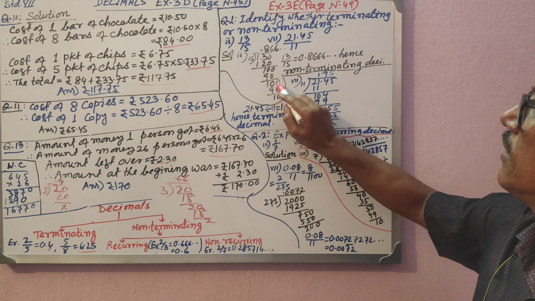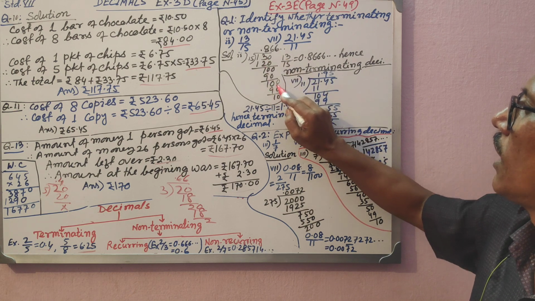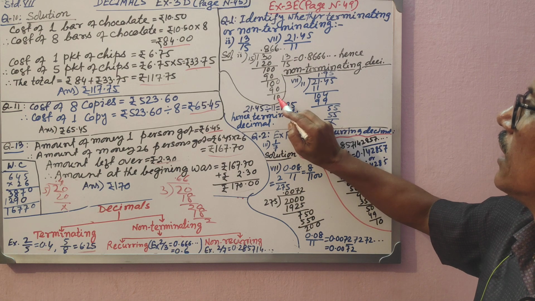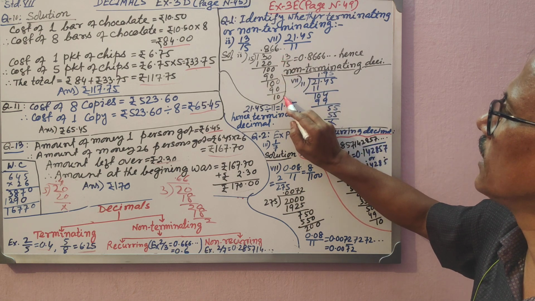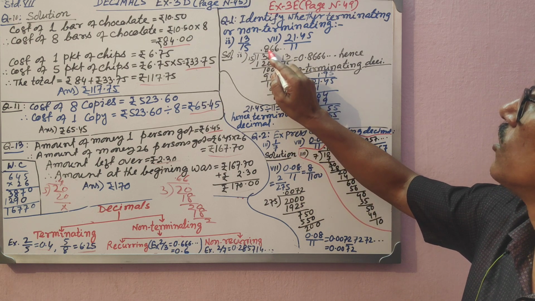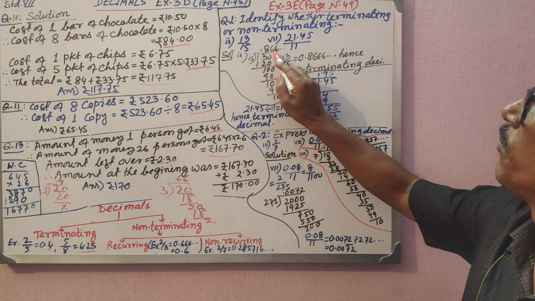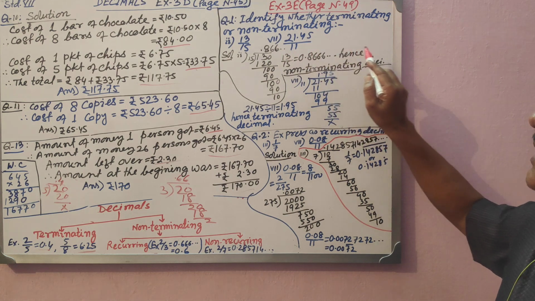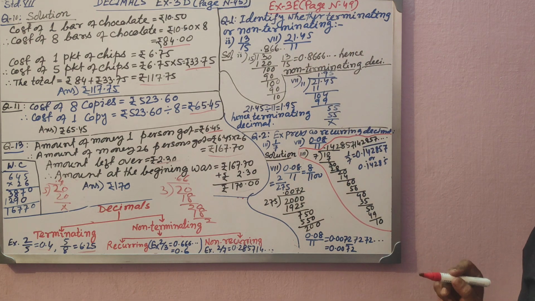Then 130 came again. See, as you are given point, 0. So 130, again the same remainder. That means again you will get a 0 because you are given point. So again 6 times, so it is going on as 8.66666666666, all 6s will go on.